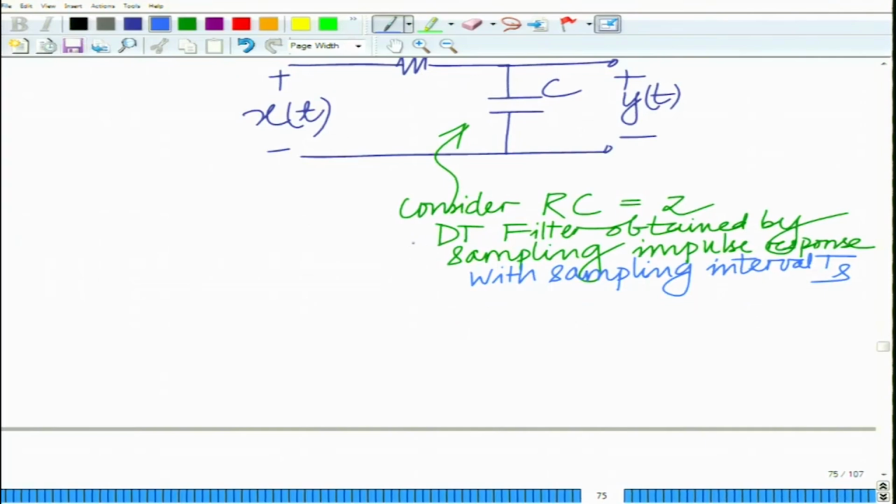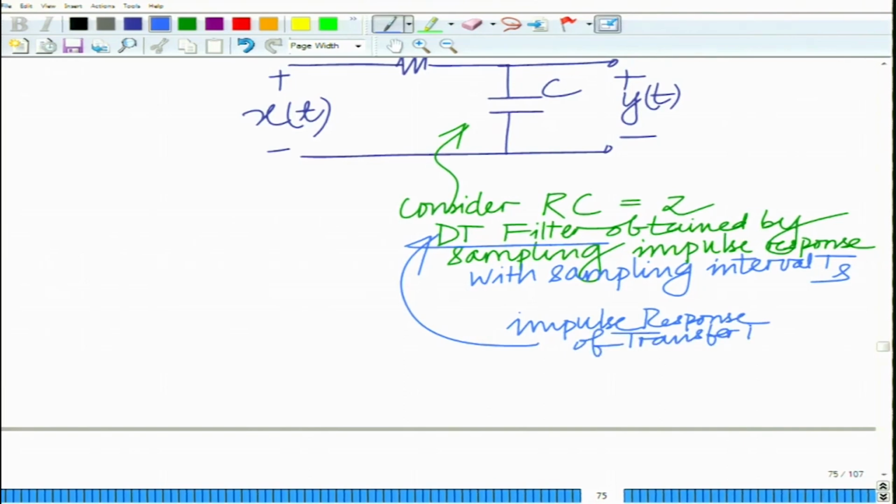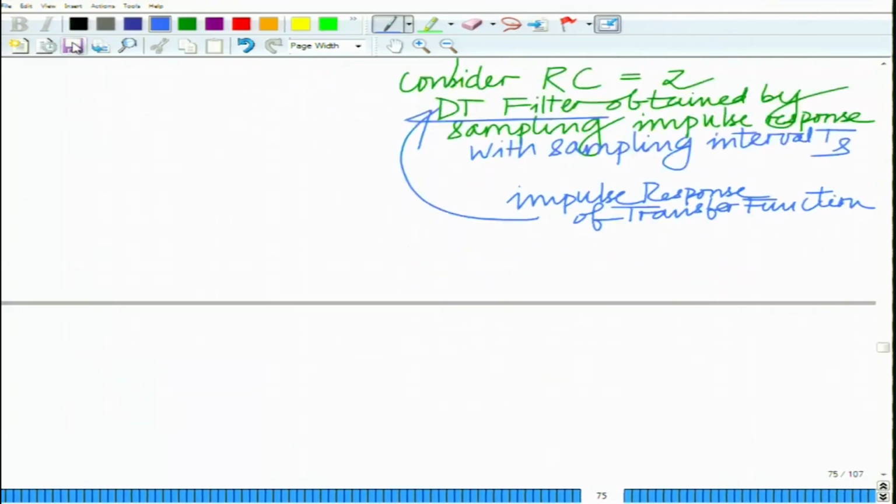So, basically what is the discrete time filter, in terms of either the impulse response or the transfer function, and this can be found as follows.